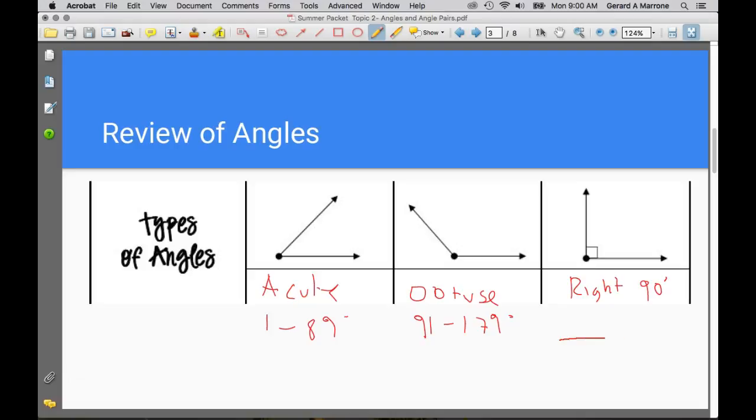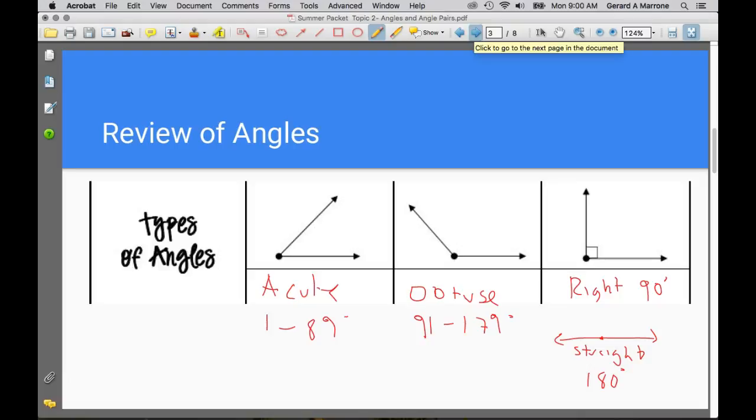You will also sometimes see what are called straight angles, just like this, and straight angles are always 180 degrees. So there's really 4 types, 3 are the main ones, with the straight angle being just a throw in for extra.